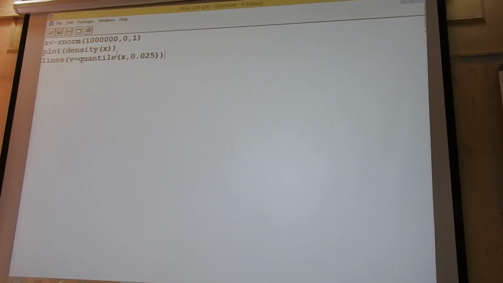Abline, quantile x, 0.025, after plot density. Yes, abline is the command. Run the line.